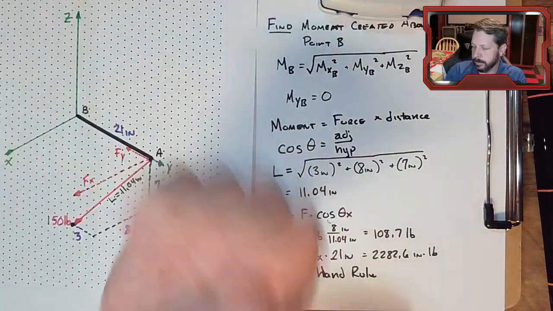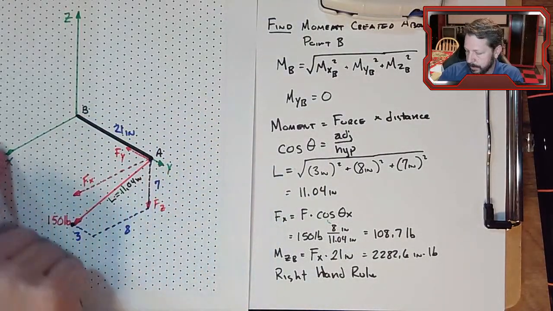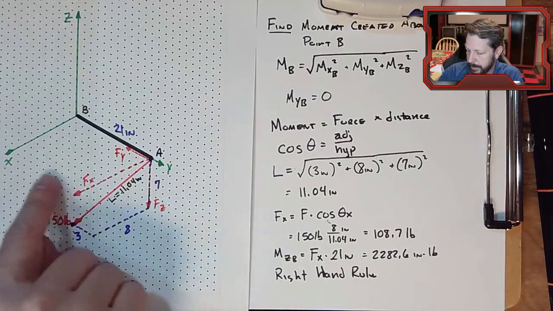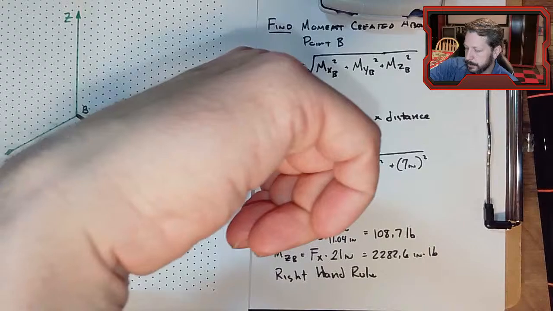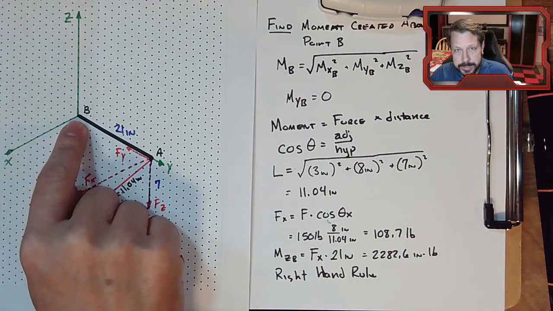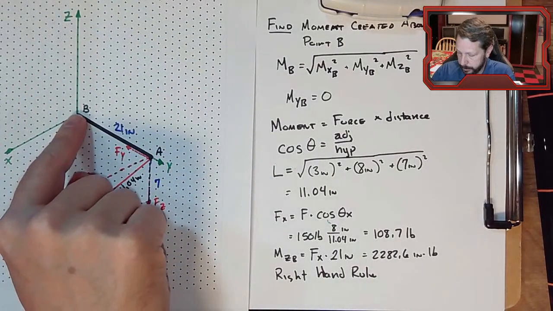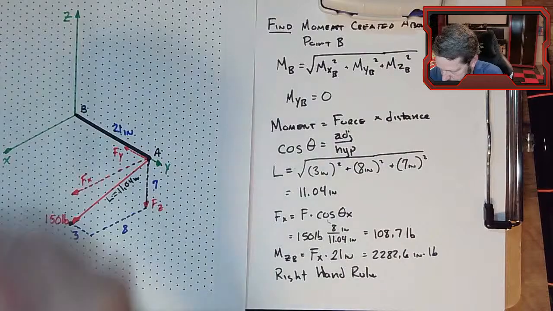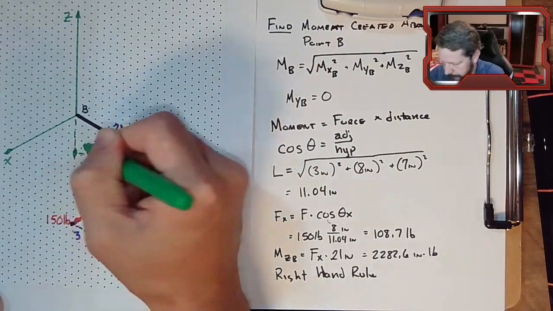In this case, it's either down or up because point A is moving in the XY plane, right? So going this way. And my thumb is pointing down, in the opposite of what I have defined as positive z. So my thumb is pointing in the negative z direction.